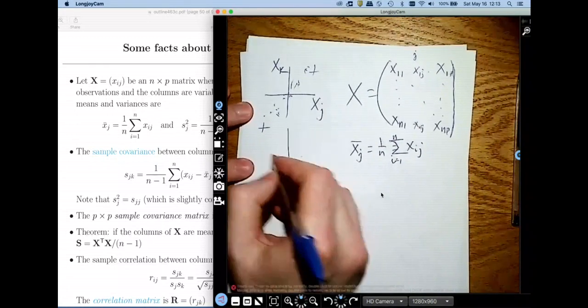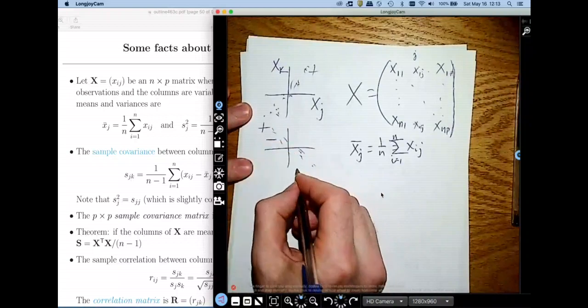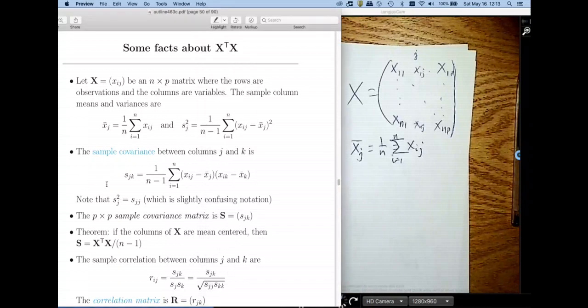If I had a situation where the correlation went the other way, notice all of these products would be negative. The covariance would be negative then. All right, so I'm going to use this, which should be s squared. I'll fix that. That's the sample covariance between columns j and k.